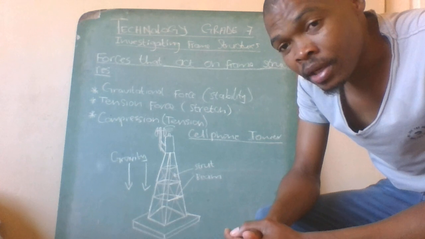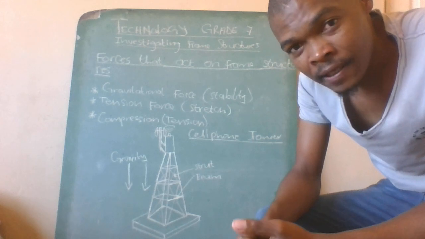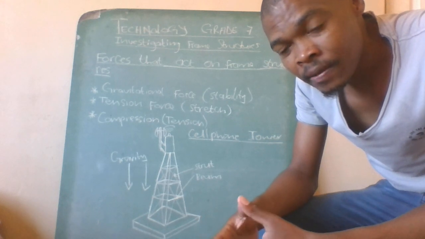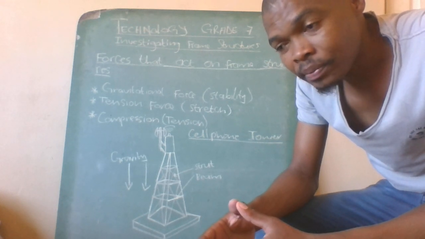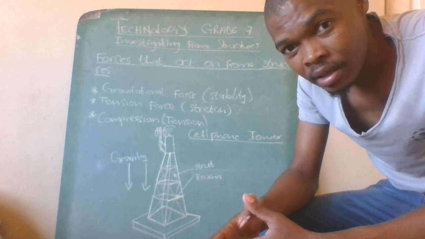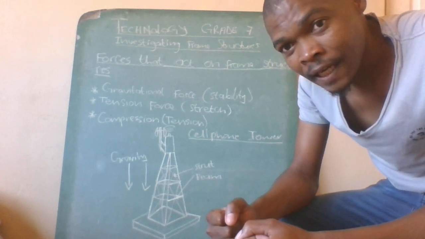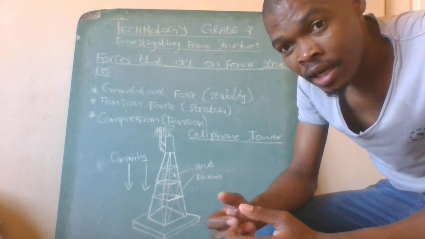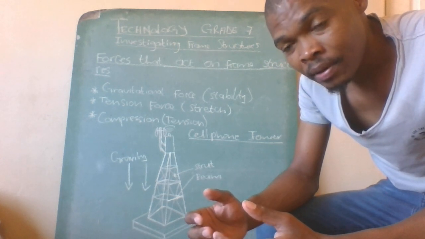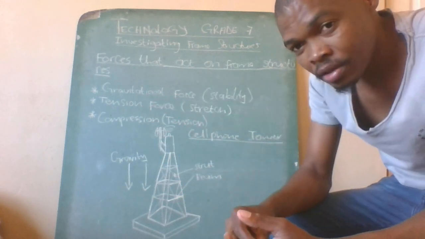we have to engage in today about the forces that act on frame structures, and I hope that tomorrow we'll be able to engage in another lesson which will investigate further the frame structures, how frame structures are built, why there must be a lot of framework, how to strengthen the structure in order to resist all the forces that act on it, all the unnecessary pulling and pushing forces that act on the structure, which sometimes might be greater than the gravitational force.